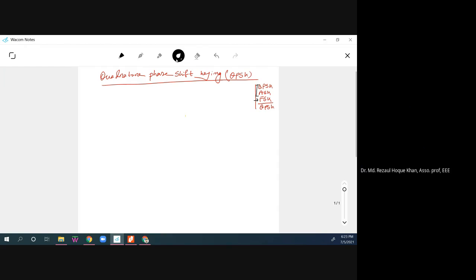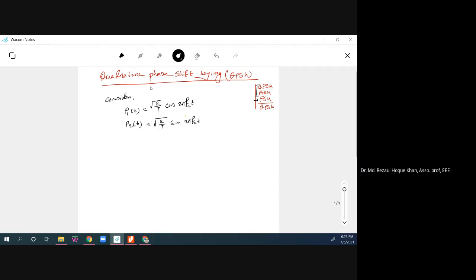So we consider two pulses, P1 and P2. P1 is expressed by square root of 2 by T cos 2 pi fc t, and P2 is square root of 2 by T sine 2 pi fc t.